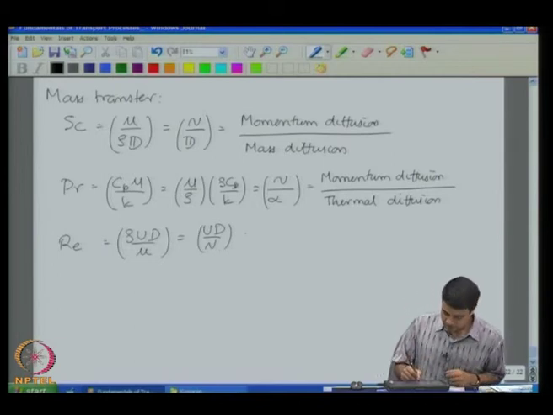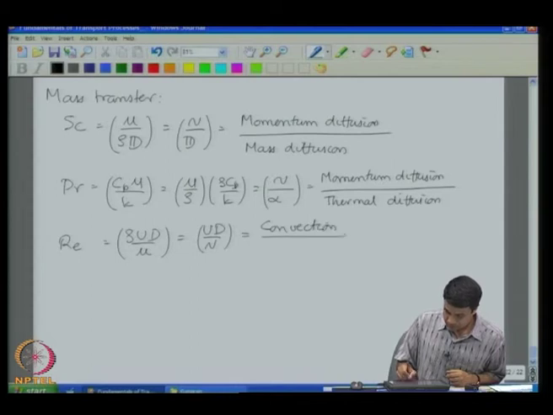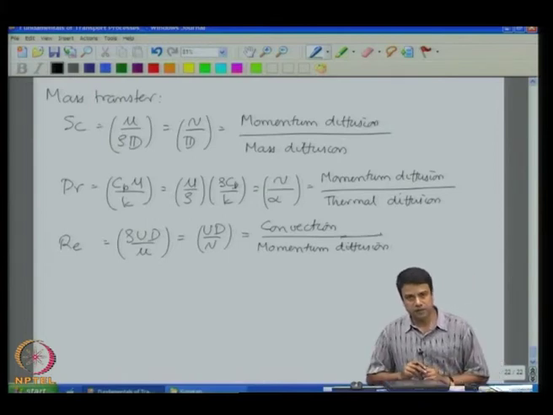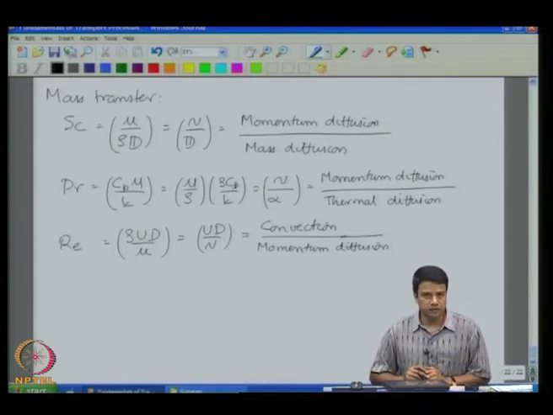So, this is going to be equal to convection by momentum diffusion. So, the ratio of inertia and viscosity can also be thought of as the ratio of convection and momentum diffusion. From these I can get other dimensionless numbers.